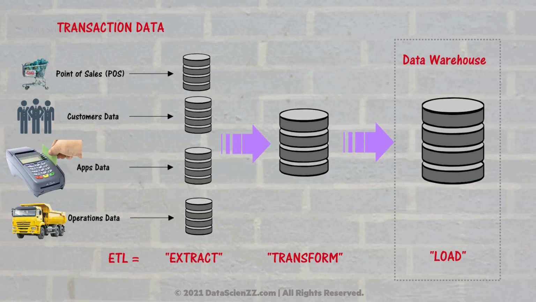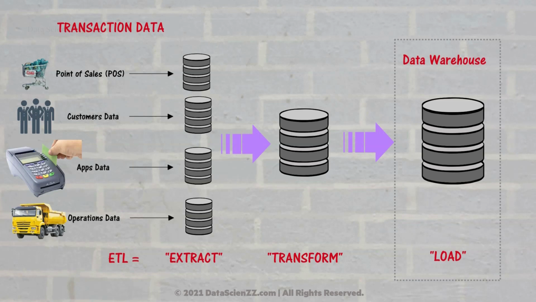Here, the transaction data is first extracted from multiple systems at a certain defined frequency. Then, it is transformed as per business needs. And finally, it is loaded into the data warehouse. Talend and Informatica are popular ETL tools. Now, there may be a few challenges with the ETL process.